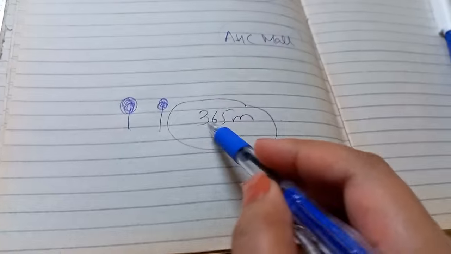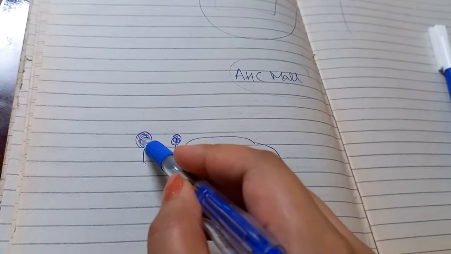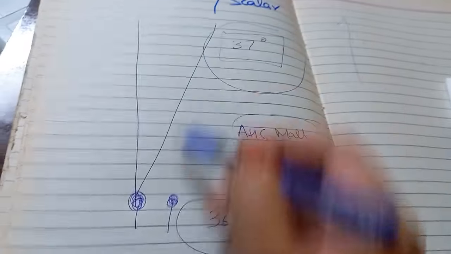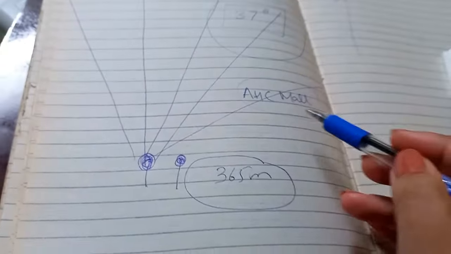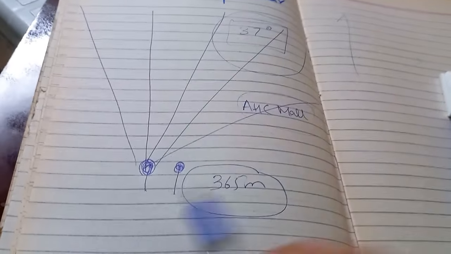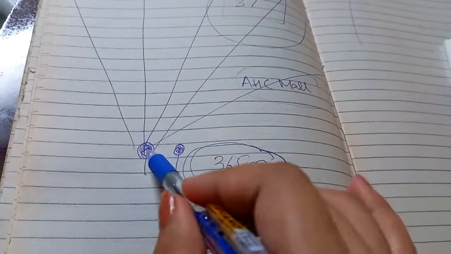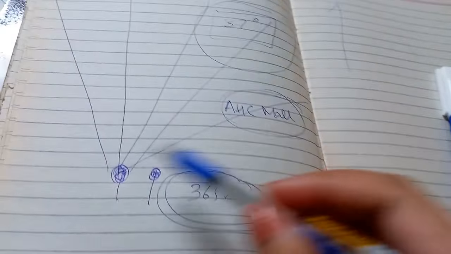No, because he can travel 365 meters straight away, or like that, or like that, or like that. There are only a few of the paths that are 365 meters, for example, and will reach that location, not all of them.